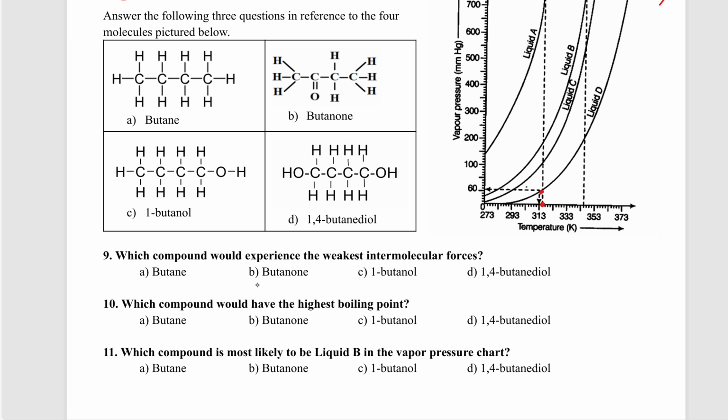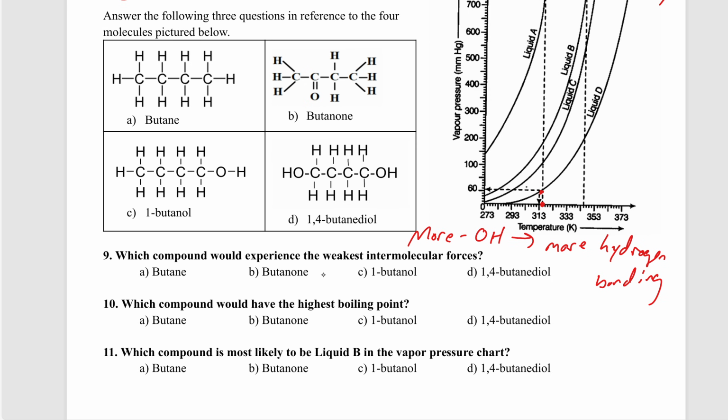Number 9, which compound would experience the weakest intermolecular forces? So this one is kind of just going off of the fact that if you have something that is more polar, it is going to experience more intermolecular attractions. But also if you have more OH groups, you have more hydrogen bonding.